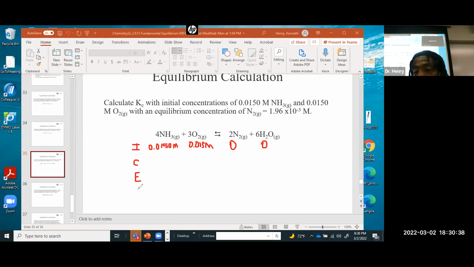And then what else do we know? Okay, so we know the equilibrium concentration for N2, right? Which is 1.96 times 10 to the minus 3.